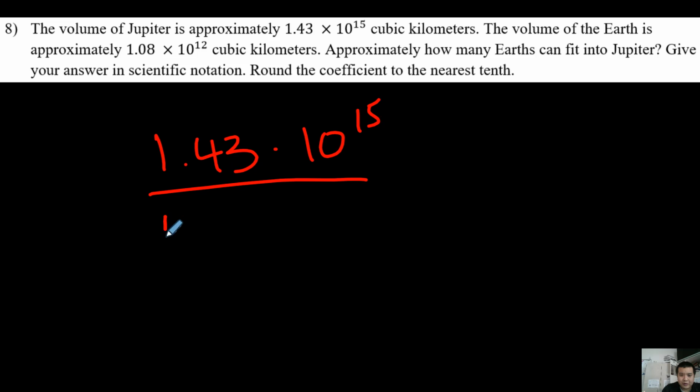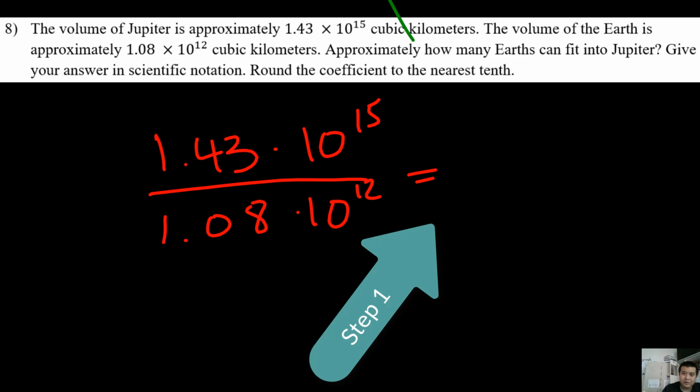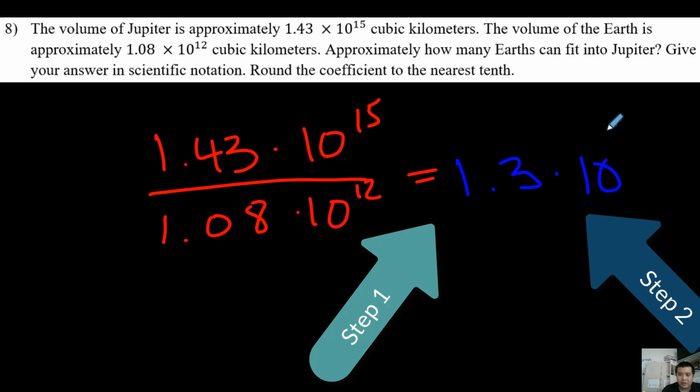Jupiter is bigger, so we're going to put that at the top. 1.43 times 10 to the 15th divided by, that's Jupiter, and we're going to divide by Earth because Earth is smaller, 1.08 times 10 to the 12th, which means that we are going to divide our coefficients. 1.43 divided by 1.08 is 1.3, and I don't need to go any further because this is a perfectly fine coefficient, times 10 to the 15 minus 12, which is third.